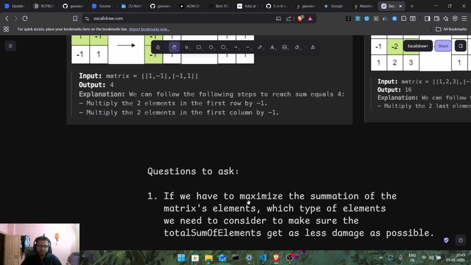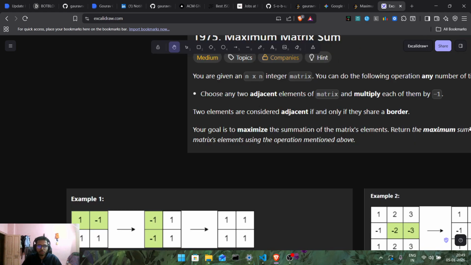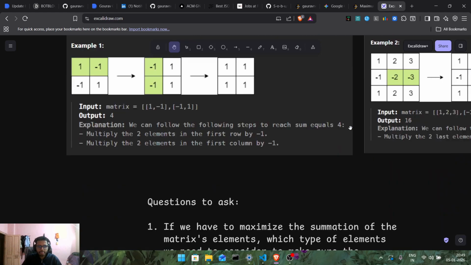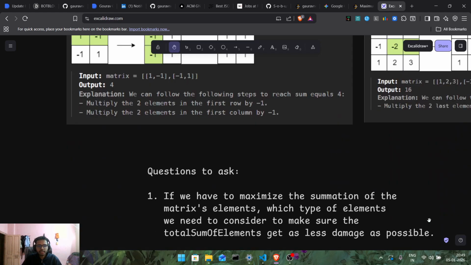So what we need to do is eliminate the negative elements. How can we eliminate the negative elements? That answer is in this operation. If we multiply a negative element by minus 1, it becomes a positive element, right? So we only need to consider the negative elements of the matrix so that we can achieve the maximum possible sum.